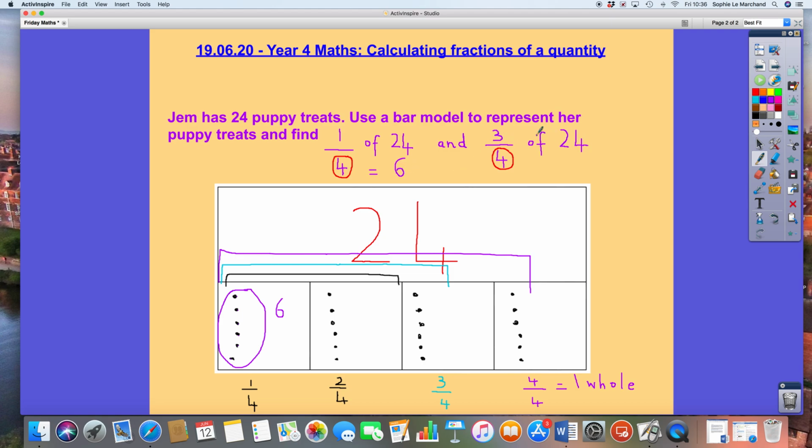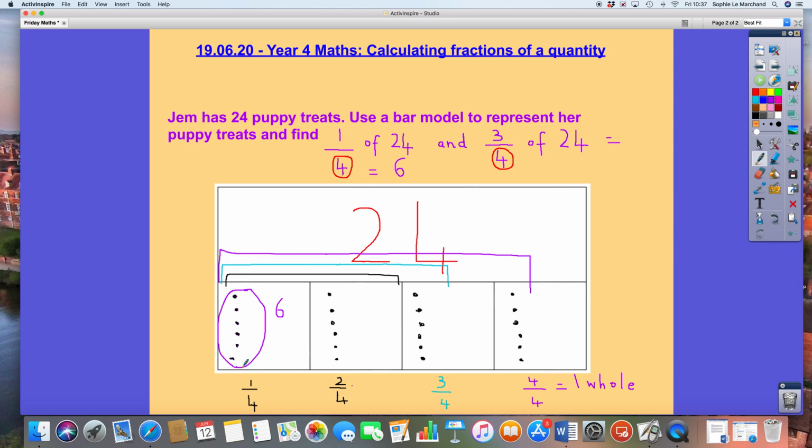The second part of our question asks us to find 3 quarters of 24. Now we know that this is 1 quarter. We know that if we combine the first box and the second box, it's 2 quarters. But we need 3 quarters, so we need to count the puppy treats from the first box, the second box, and the third box to find 3 quarters of 24.